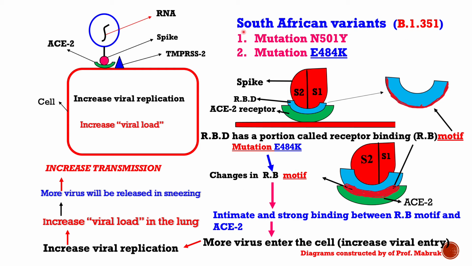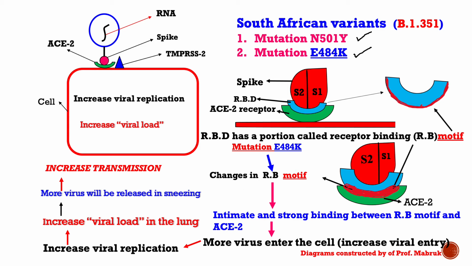The South African variant of coronavirus COVID-19 has 2 different mutations. The first is the N501Y mutation, and the second we call E484K. The first mutation, N501Y, is similar to the mutation which I described previously in the UK or the British variant.